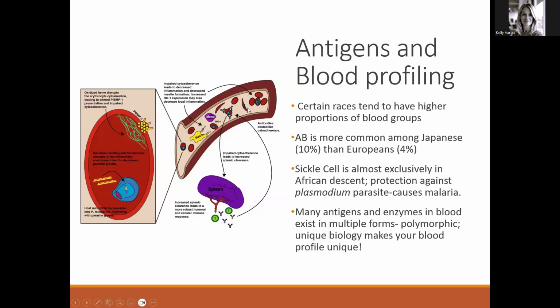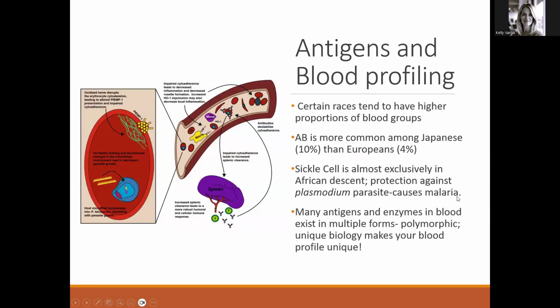Sickle cell can be very dangerous because it doesn't carry as much oxygen as individuals that have normal spherical donut shape cells. But there is actually a benefit to this. And what they have found is that sickle cell is a protection against the plasmodium parasite that causes malaria.